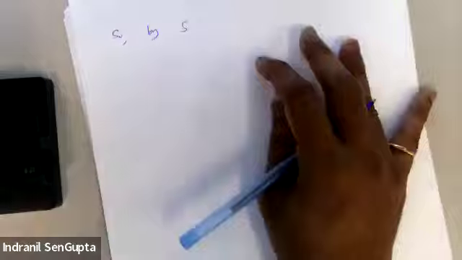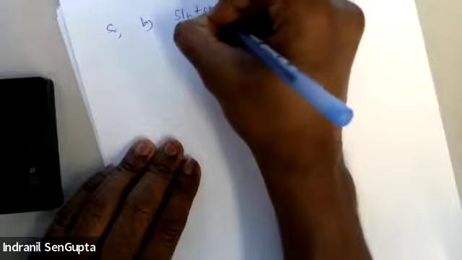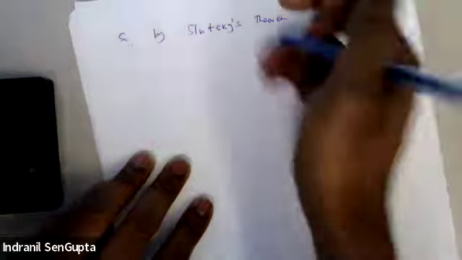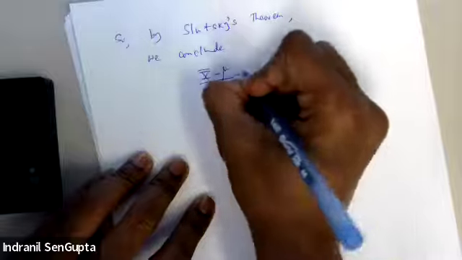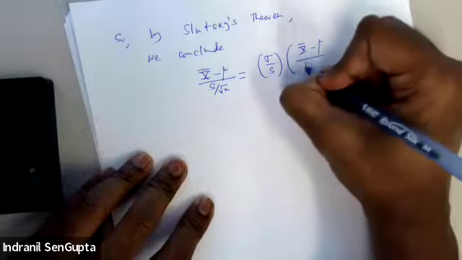So hence, by Slutsky's theorem, we conclude that this quantity that we wrote, X bar minus mu over S over square root of n, which is sigma over S times X bar minus mu over sigma over square root of n.